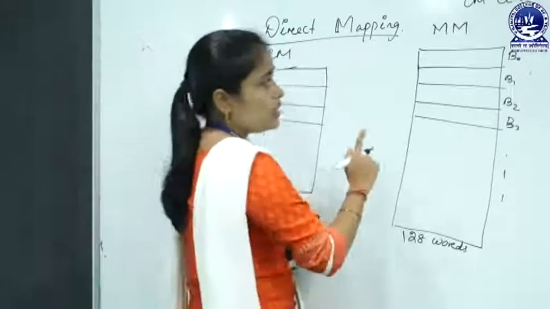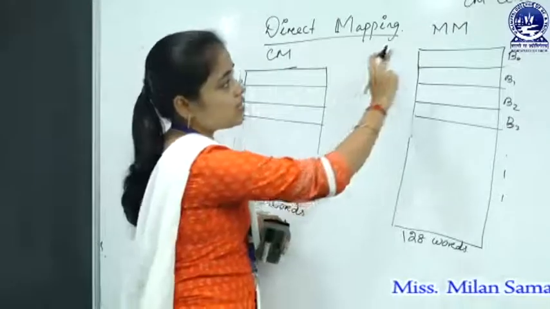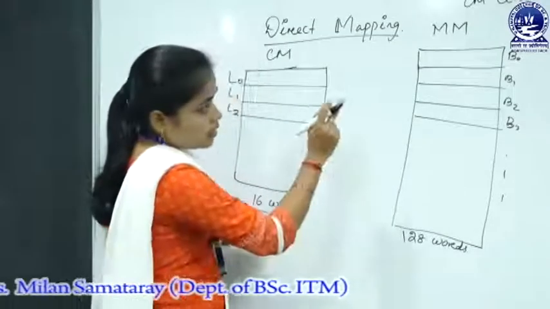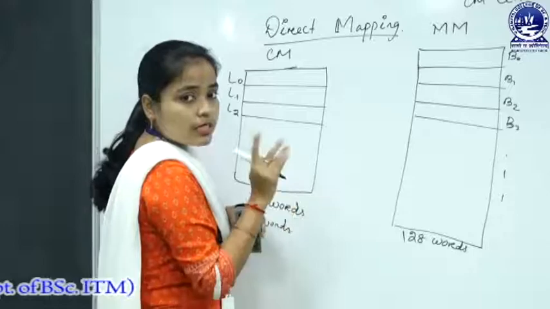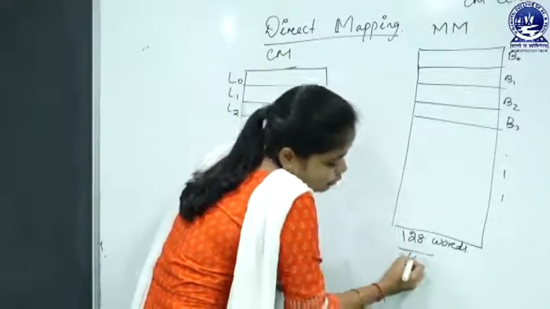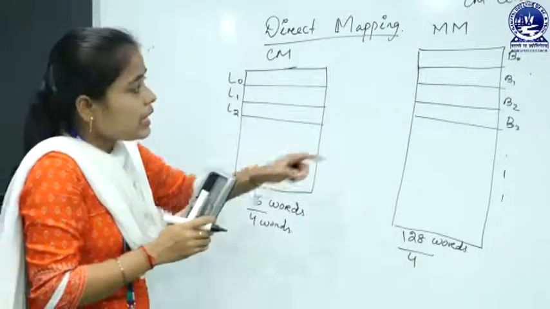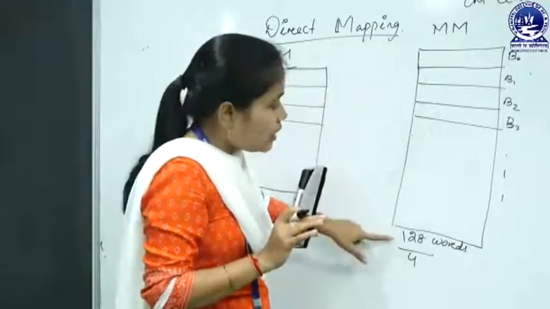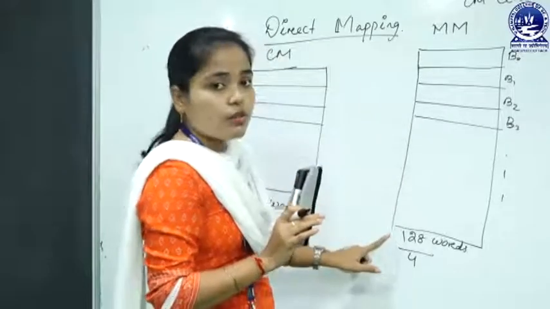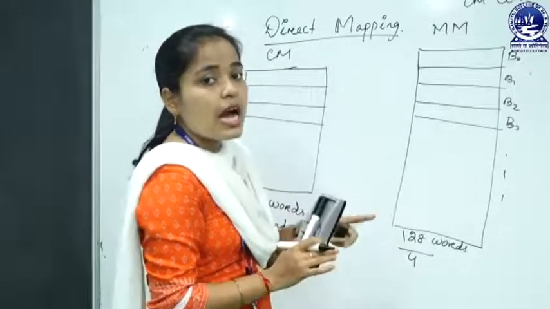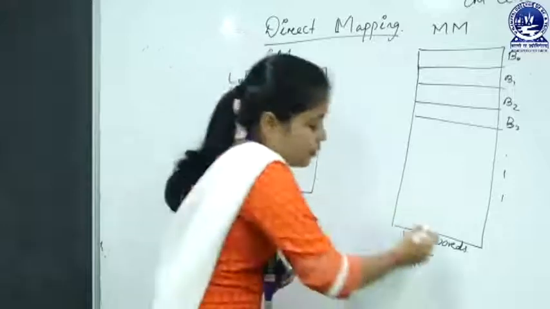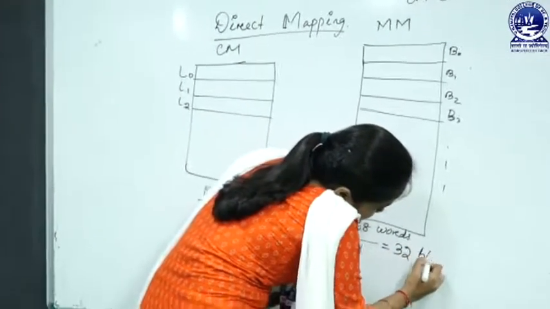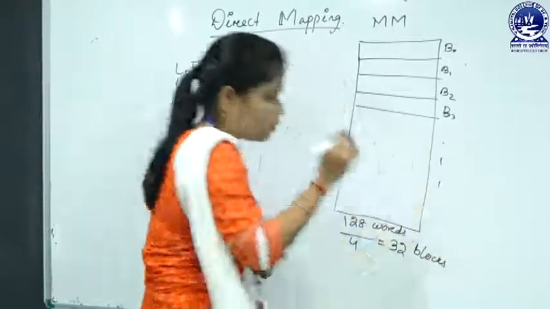As the cache memory line size equals the main memory block size, a single block of main memory can hold 4 words. If one block holds 4 words and the main memory can hold 128 words, then how many blocks do we have in the main memory? You can divide, and it is 32 blocks.